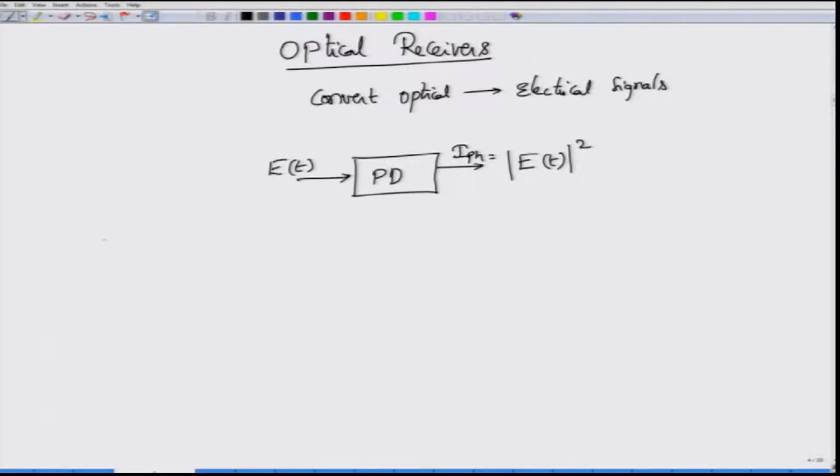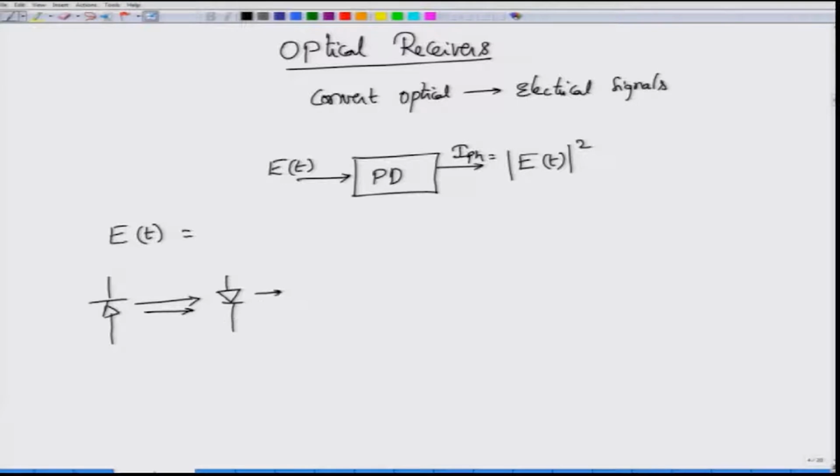For example, let us consider a continuous wave. Suppose my incoming electric field is a simple continuous wave signal from the laser diode. This could be equivalent to having a laser diode and then connecting a photodiode. This is the simple situation in which I take a laser diode, give it a certain current, not modulating anything, and then put a photodetector to detect the signal.